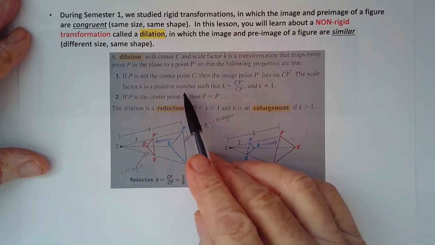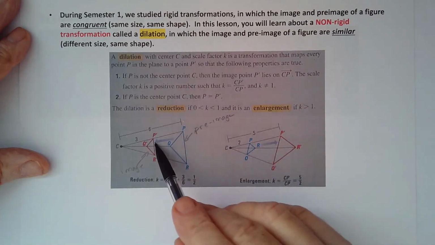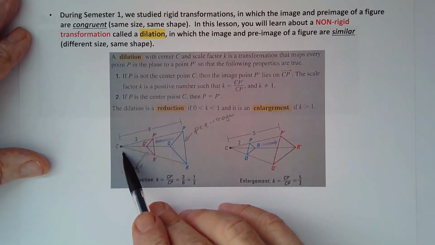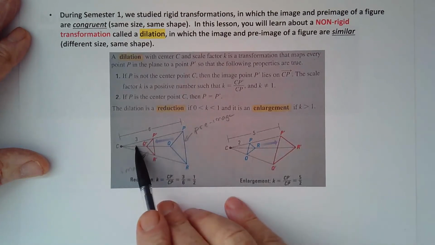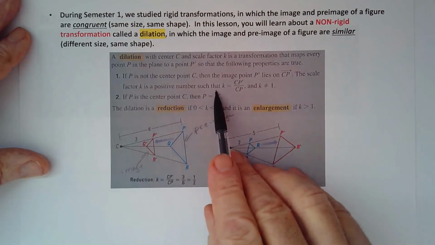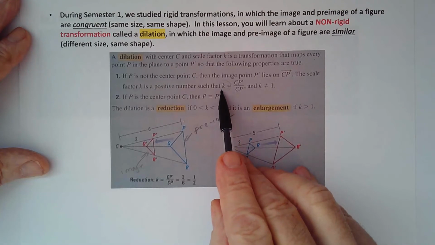So what they're saying is, if P is not the center point C, so here's P, no, it's not the center point C because C is over here, then the image from P to P prime lies on CP. Okay, so it does lie on CP. And so the scale factor is a positive number such that, what's the K again?